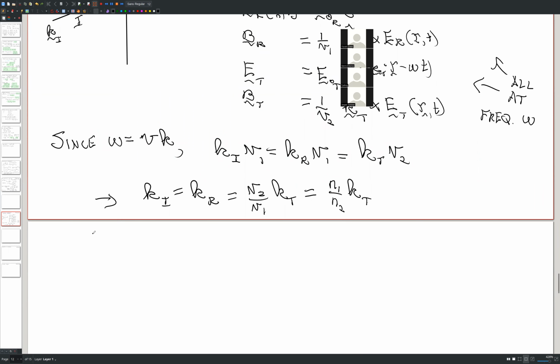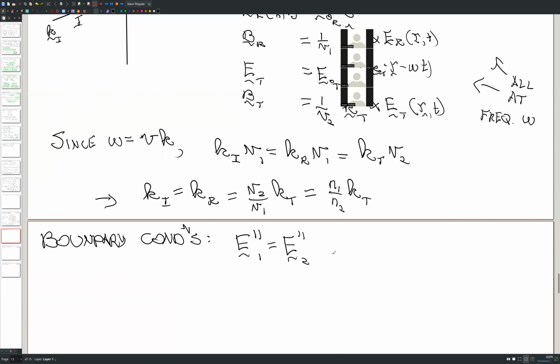So now we need to solve the boundary conditions. Our boundary conditions told us that, for example, E parallel in 1 has to be equal to E parallel in 2, parallel to the plane.